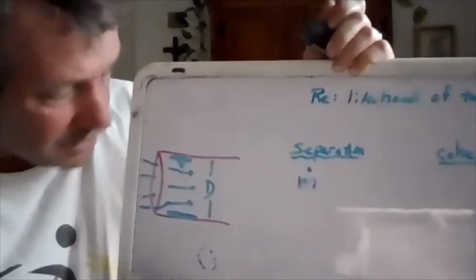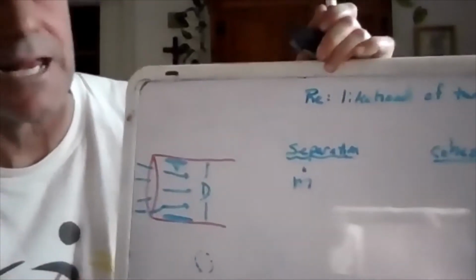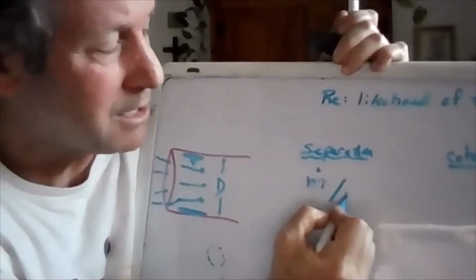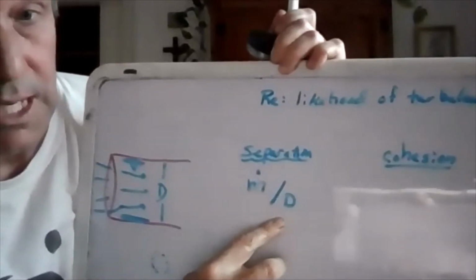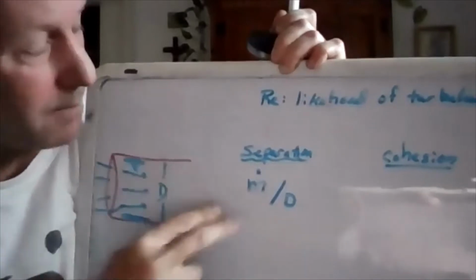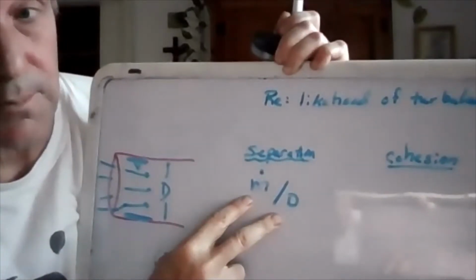So the bigger the diameter is, the less likely we're going to get separation, the fewer separation forces we have. So many times in fluids, we have this factor m dot over d that tells us, from a combination of the fluid flow and the geometry, what likelihood there's going to be separation.